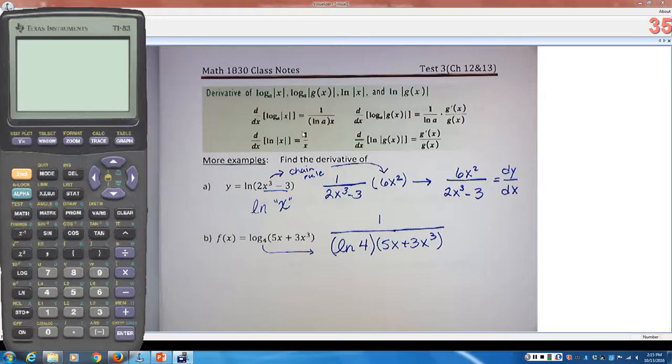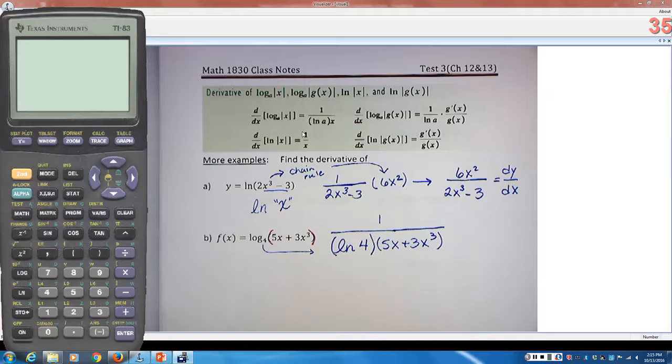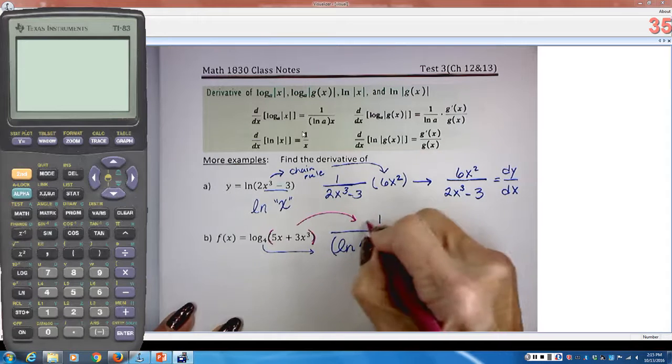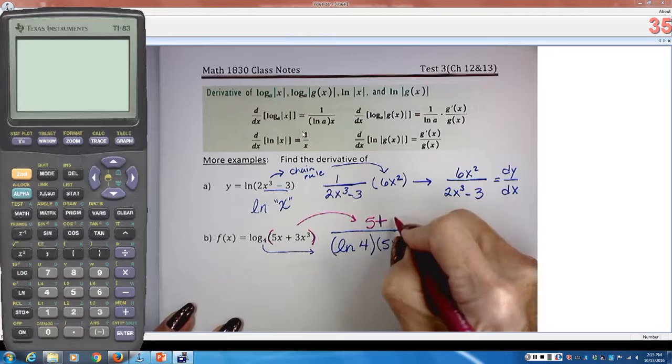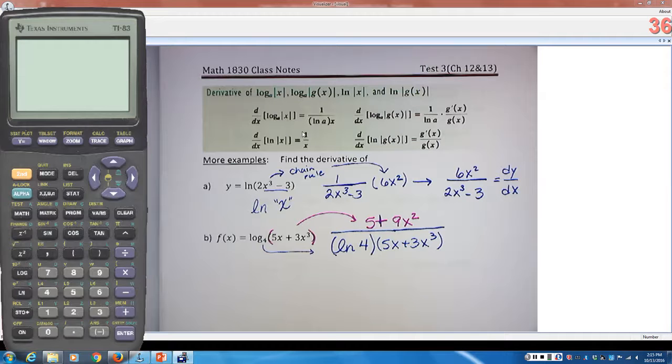But you also have to take the derivative of what's in the parentheses, because that's your inside function. So this is going to be 1 times 5 plus 3 times 3 is 9x squared. And you can put it in the numerator or you can put it off to the side, whichever way you want to do it. Okay?